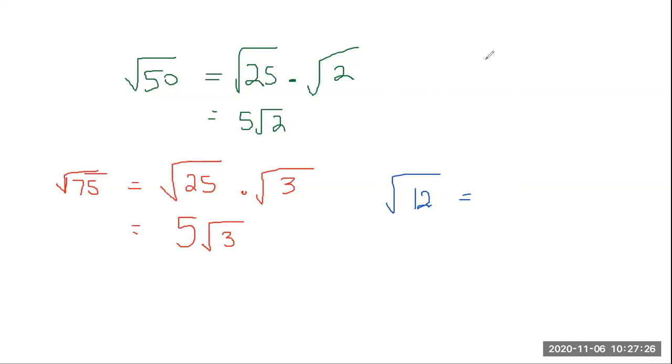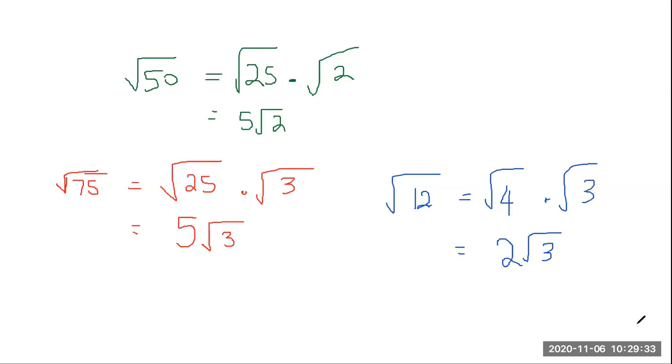No. If we find the square root of those, we're going to get decimals. So we have to break it up into square root 4 times the square root 3, because we know that 4 is a perfect square. The square root of 4 is 2. And we can't simplify the square root of 3, well we can, but it's going to give us a decimal. So we leave it as is.